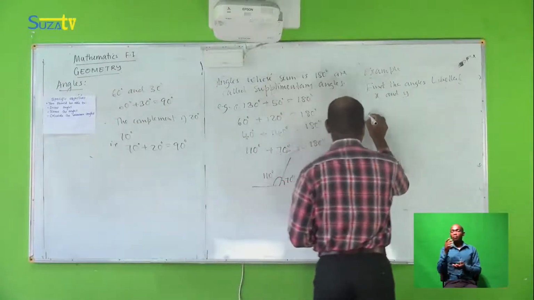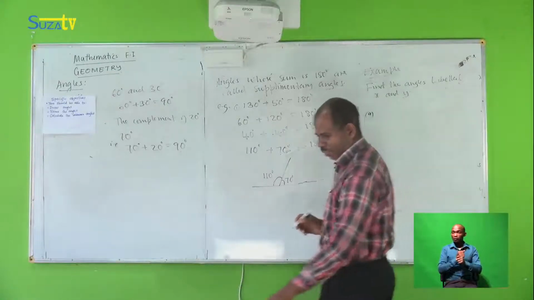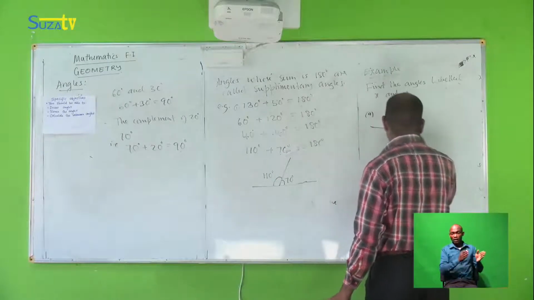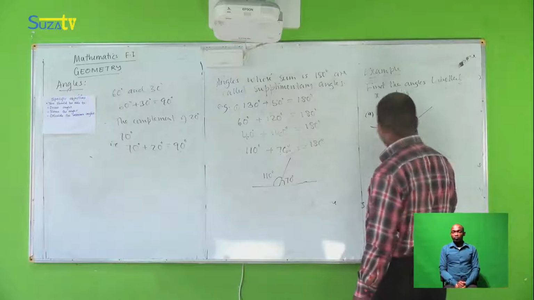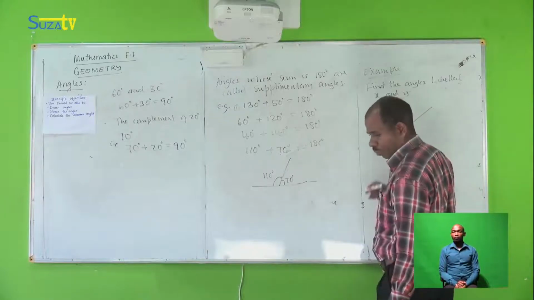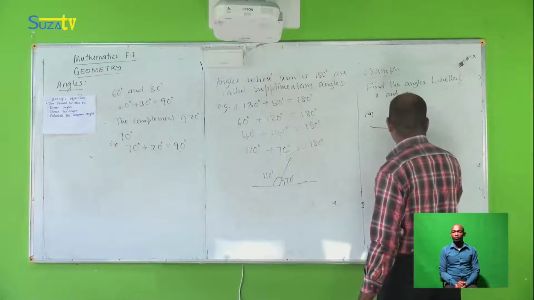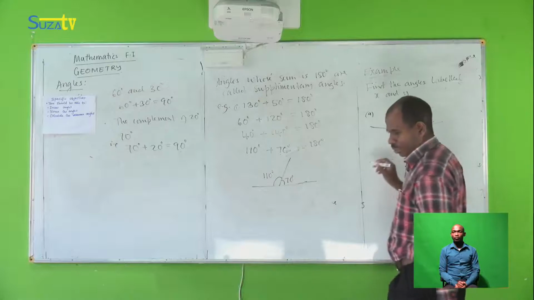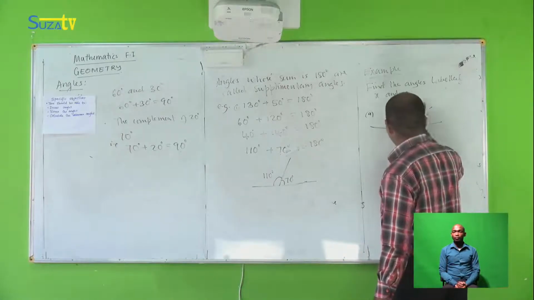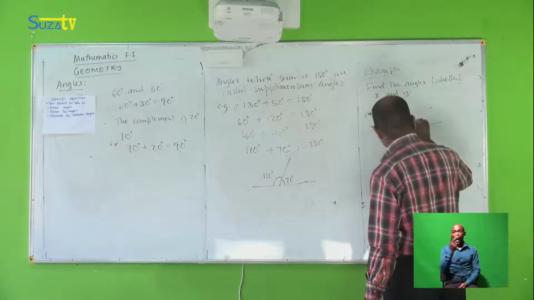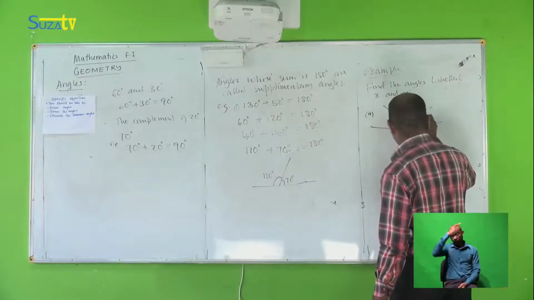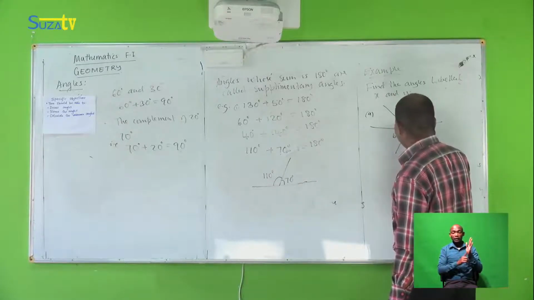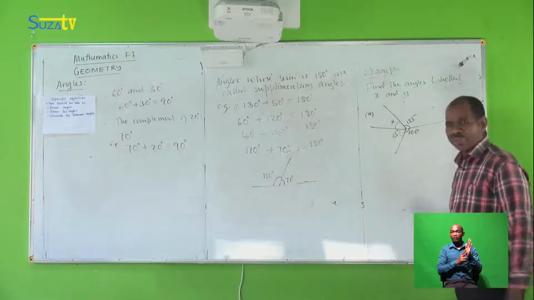Number A, we have this figure. We have the angle X, and here is 100 degrees, here is 125 degrees, and 65 degrees, and here angle X. That is number one.